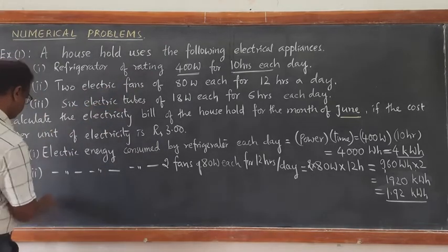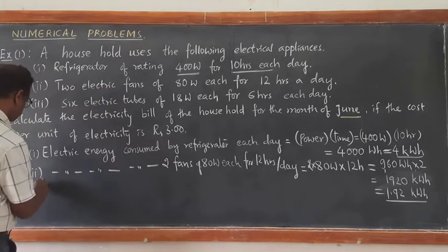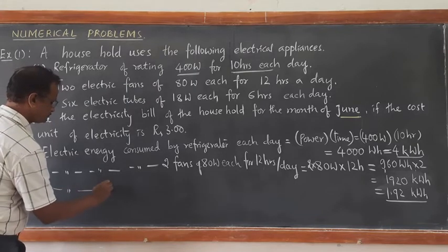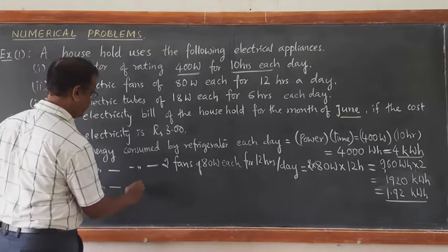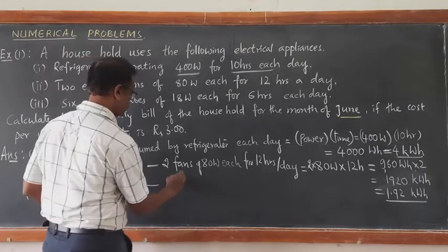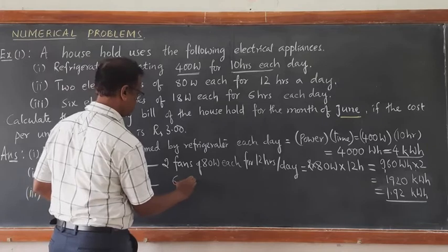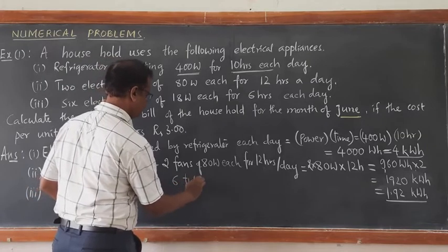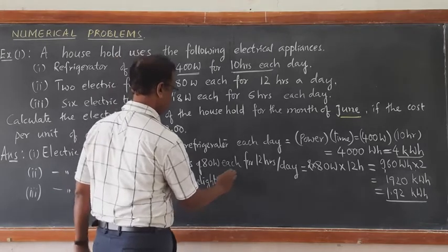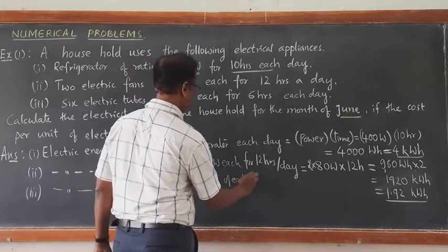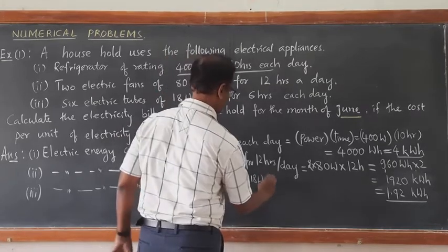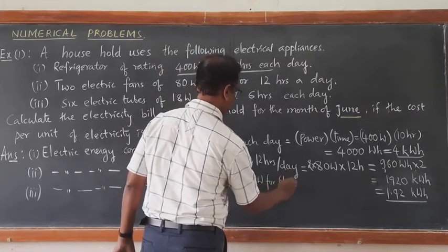Now third one, electric energy consumed by 6 electric tube lights of 18 watt each, for 6 hours a day.